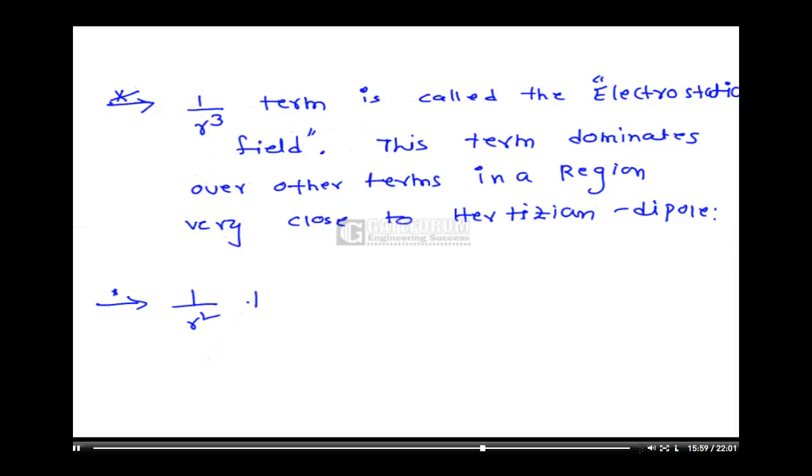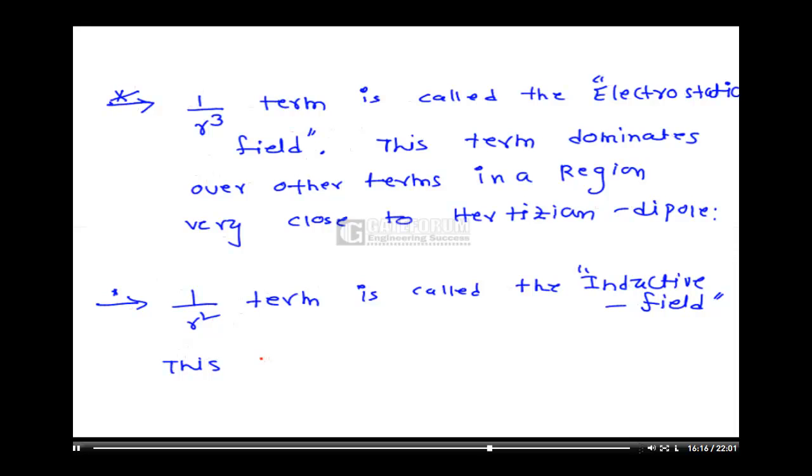The next one is the 1 by r square term, which is called the inductive field. This term is important only at a distance close to the antenna.